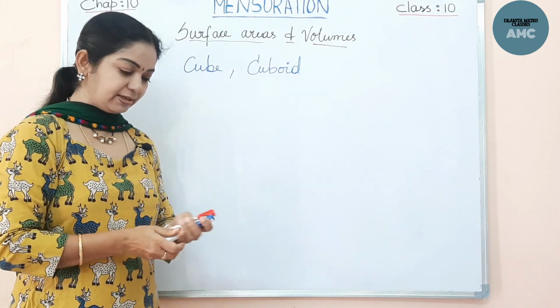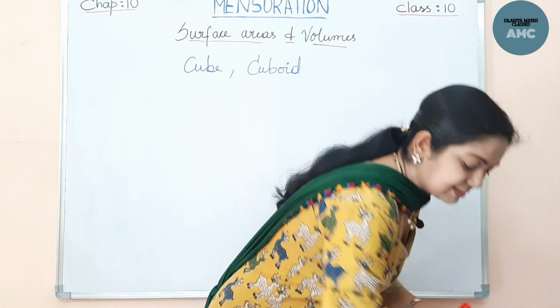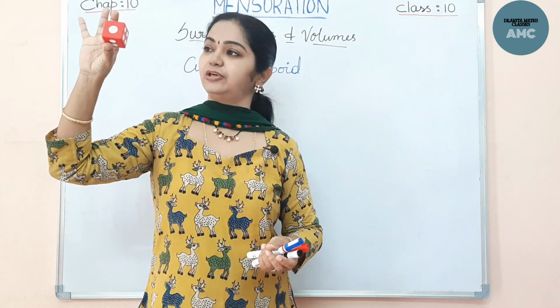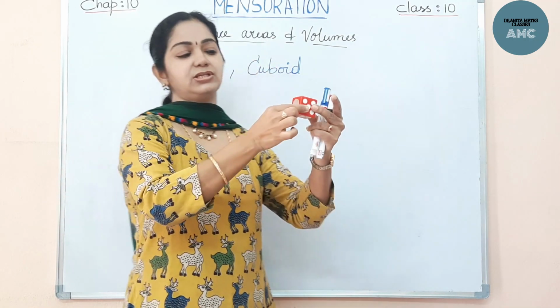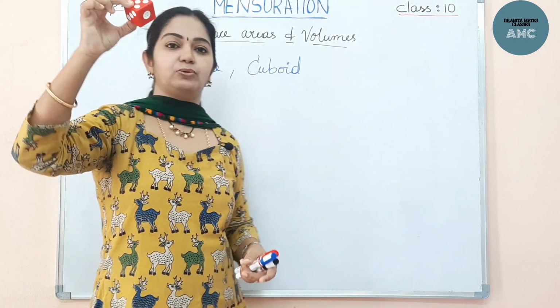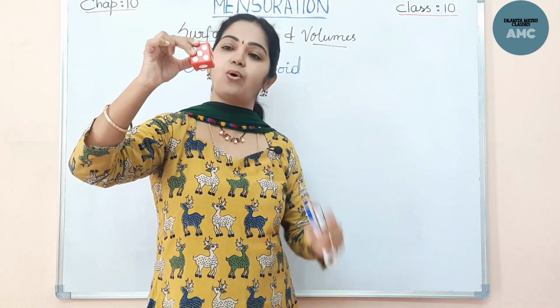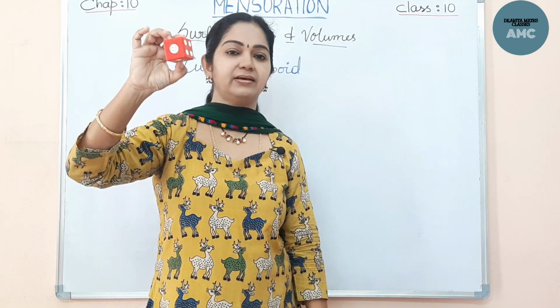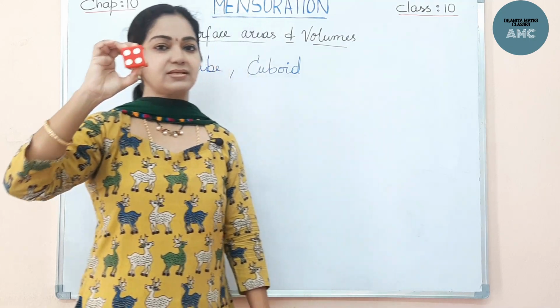Now let me show you an example of a cube. This is the dice which you play. It is in the shape of a cube because all the lateral faces are squares. All the faces here in the dice are squares. It is having 6 faces.